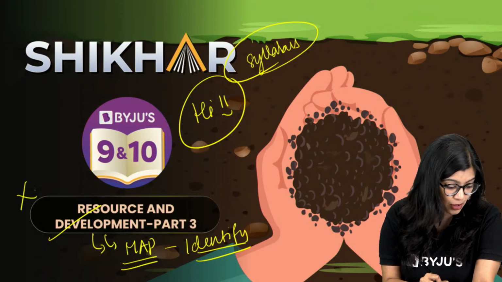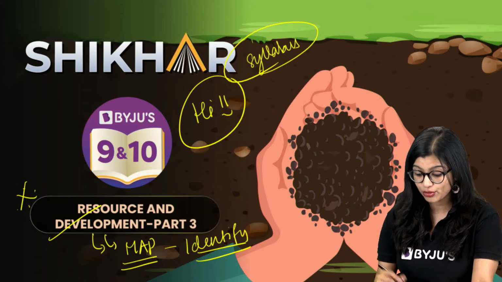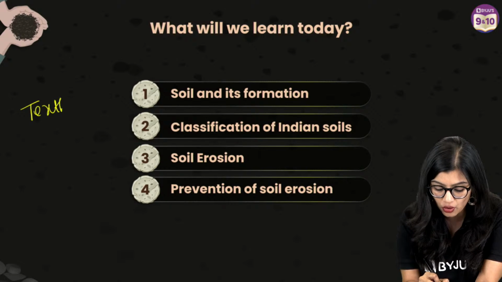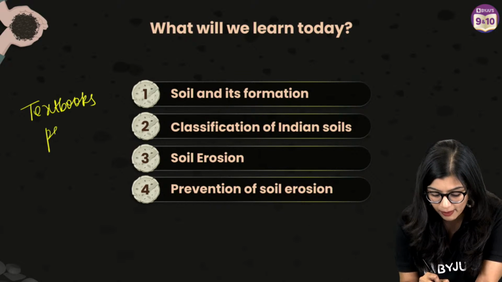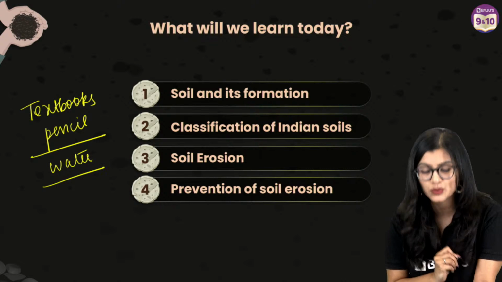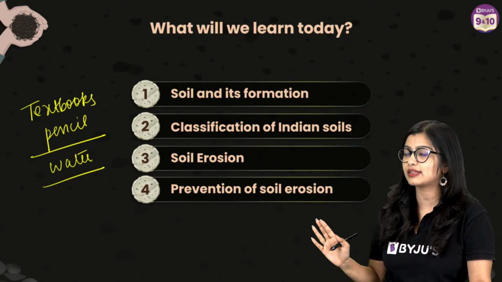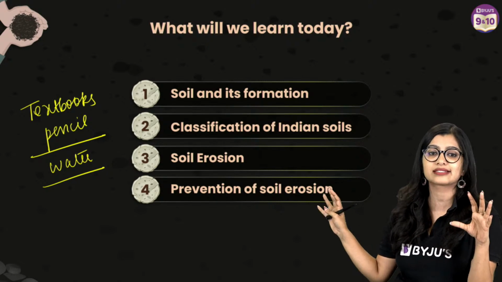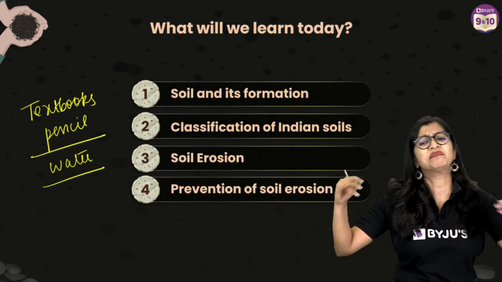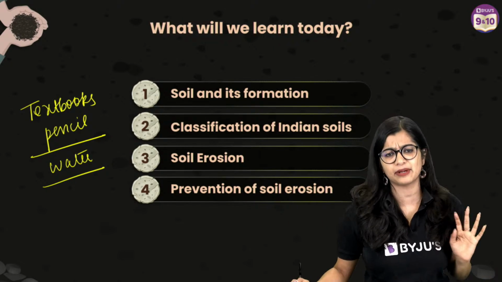So two things are possible here, which is why, when we cover these topics, please have your textbooks with you, have a pencil with you. Please have a bottle of water as well, because I need these three things with you so that our class can be seamless. And as and when I tell you that this is important, that is important, things will be easy, right? And class will happen faster.